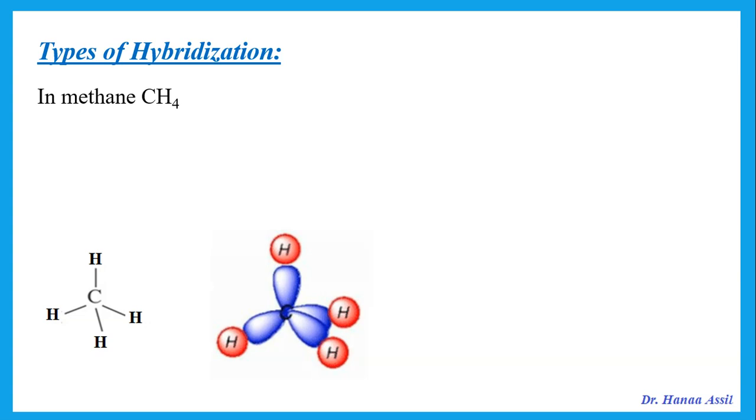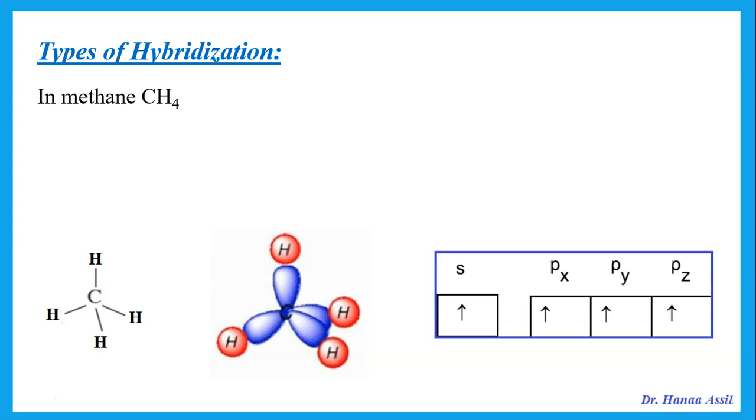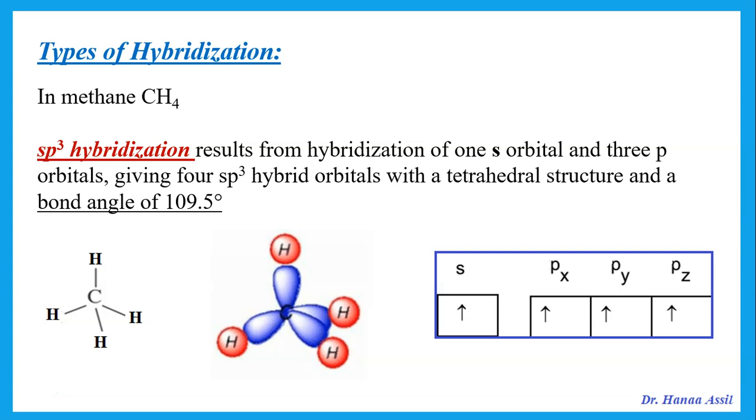So I need 4 equivalent electrons, and that means I'm going to take all these electrons, 1 in the s and 3 in the p orbitals, and regard them as 4 equivalent orbitals. Each of them is an sp3 hybrid orbital.